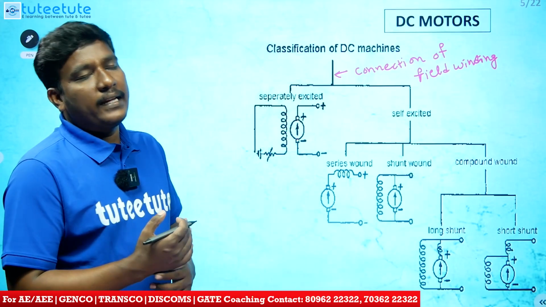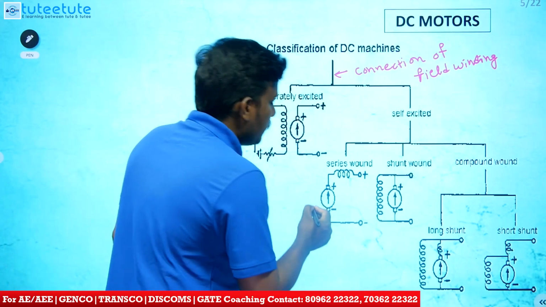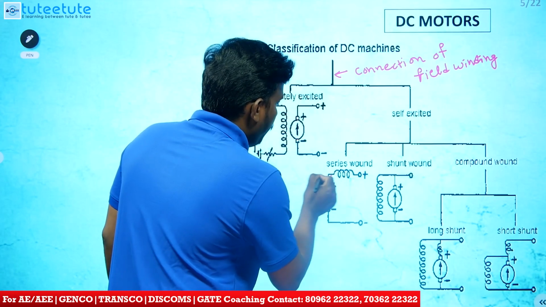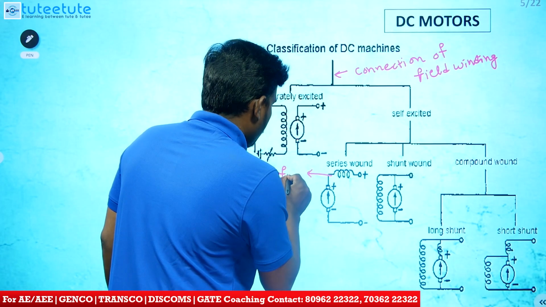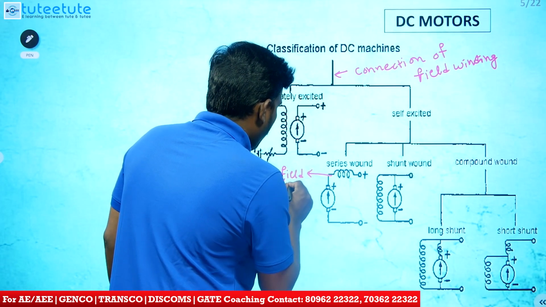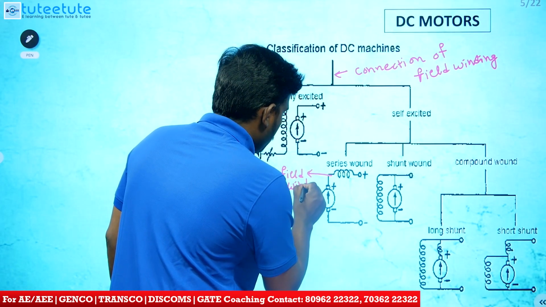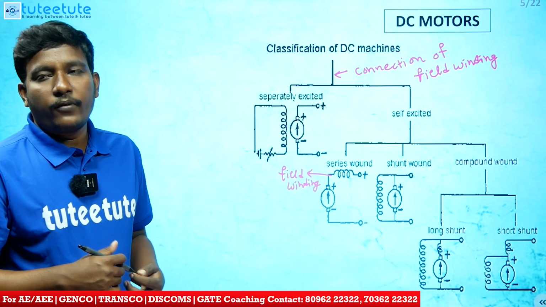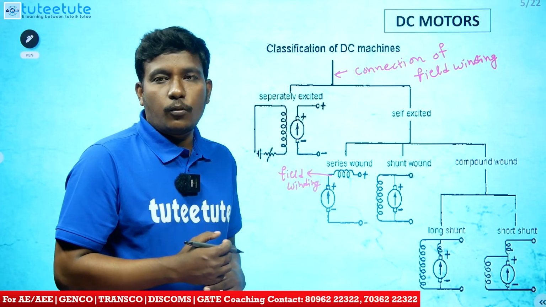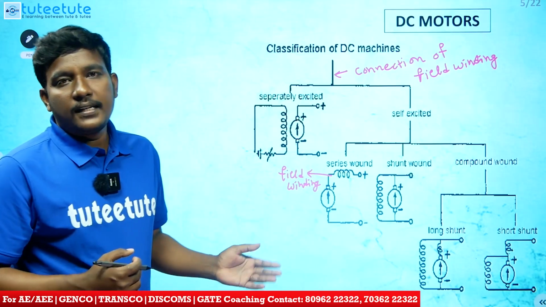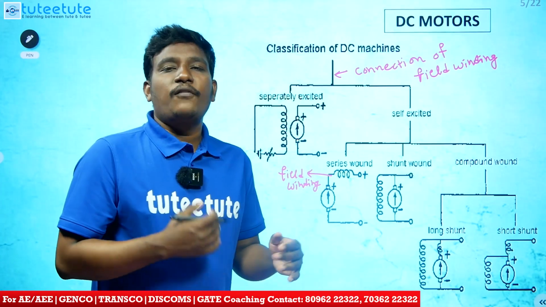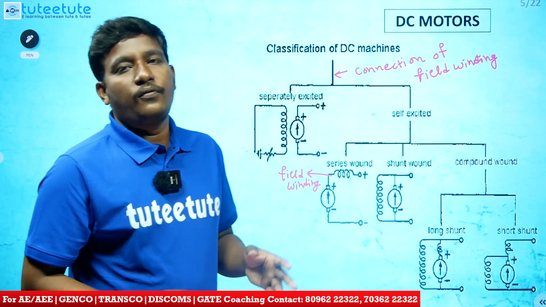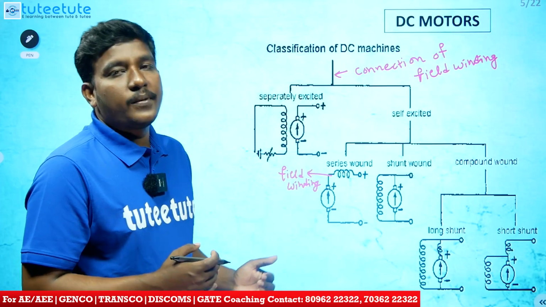Why we call them like this: it is based on the field winding connection. We classify the self-excited motors into different types. First is the series motor, in which the field is connected in series with the armature. Next, the shunt motor, in which the field is connected in shunt to the armature.